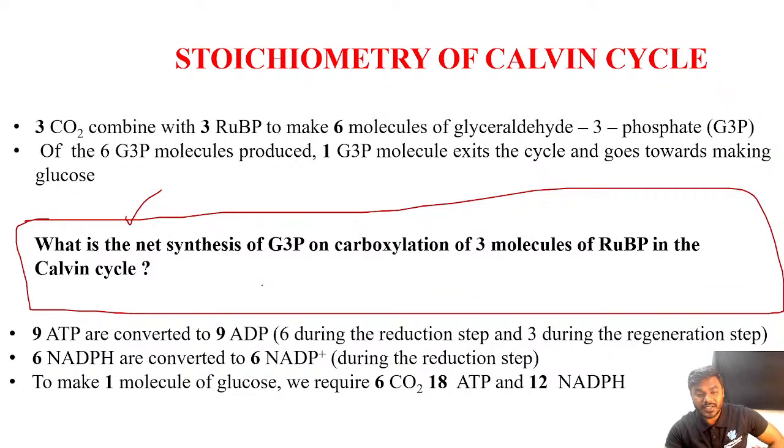What is the net synthesis of G3P on carboxylation of 3 molecules of RuBP in the Calvin cycle? Anyone? Not much time. 90% of the students will give the wrong answer for this question. I hope you people will think correctly and give me the right answer.